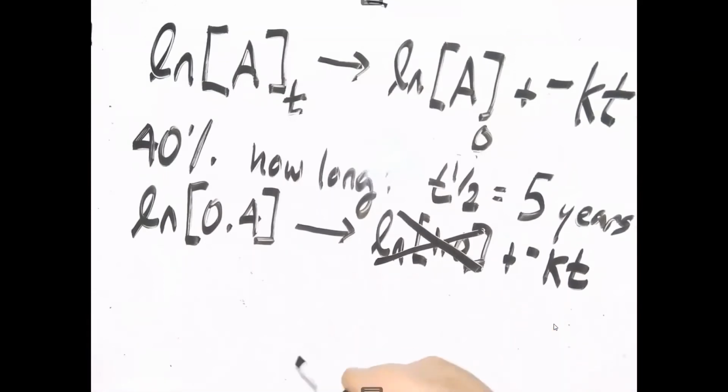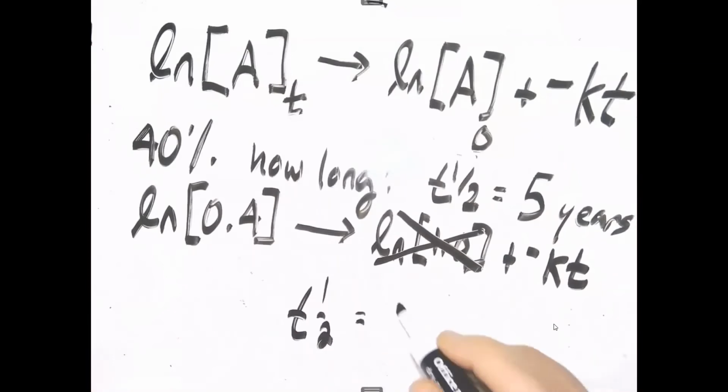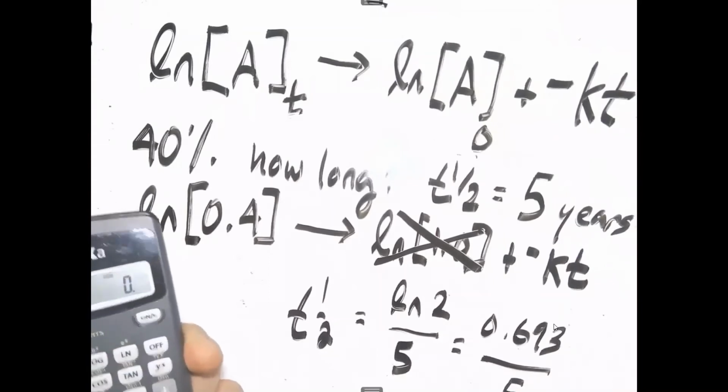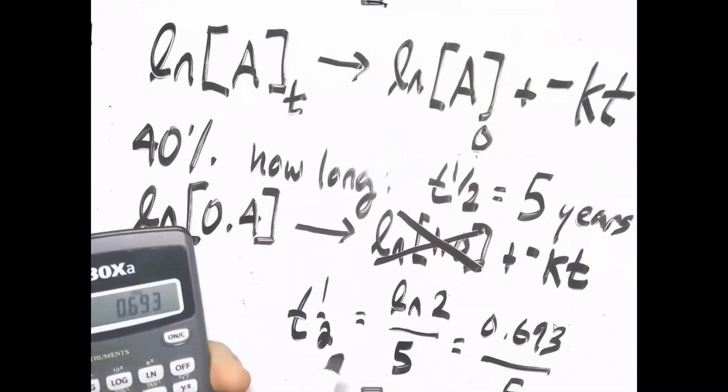So again, in this case, the half-life, T1/2, is going to equal natural log of 2 divided by 5 years. And that's just like the same thing as 0.693 divided by 5. A little calculator will come in handy here. So 0.693 divided by 5.